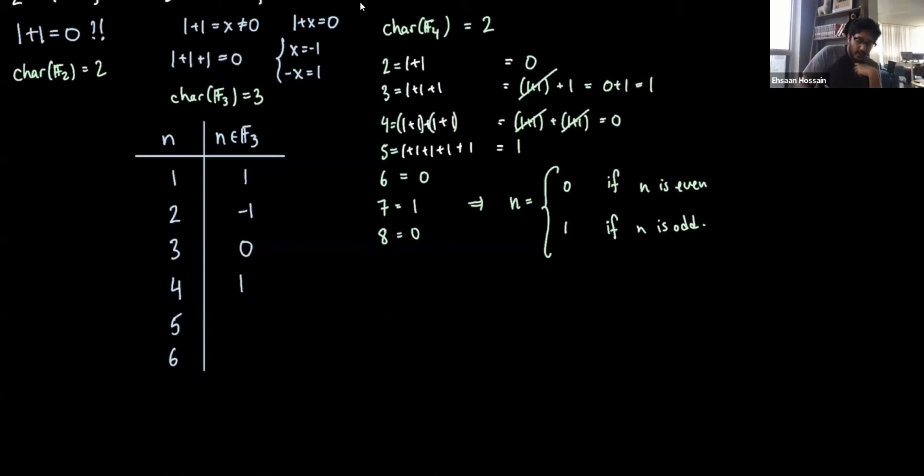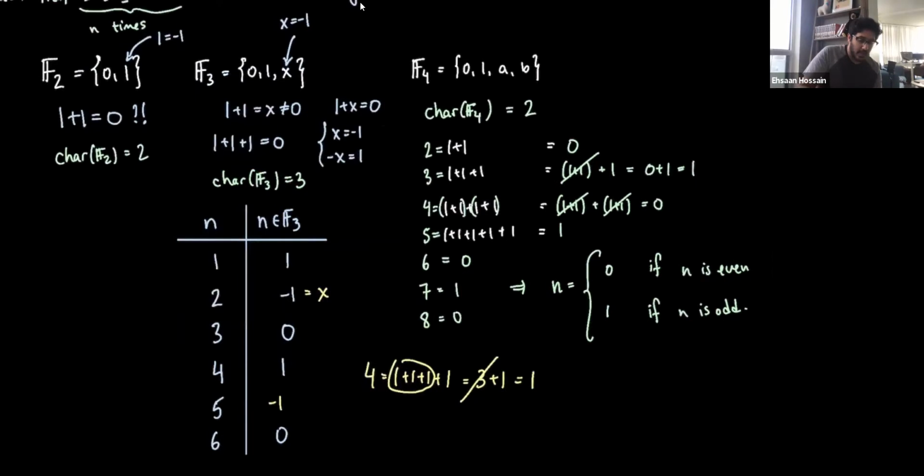Because if I write 4 out, it's 1 plus 1 plus 1 plus 1. And we already know that this first thing is 3. So this is 3 plus 1, and we know 3 is 0. 5 would be x. Remember, x is -1. 6 would be 0. And now you can see a pattern. 1, -1, 0. 1, -1, 0.